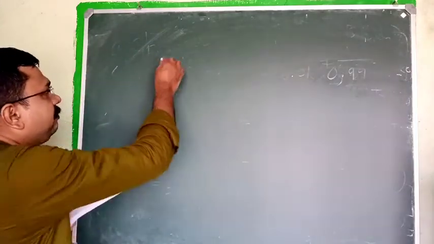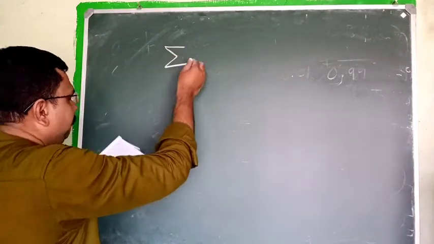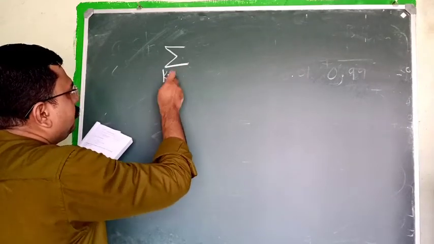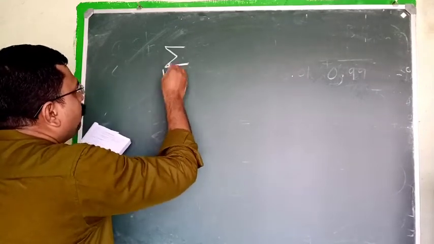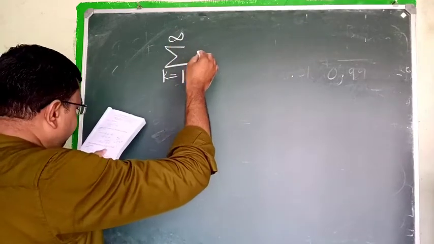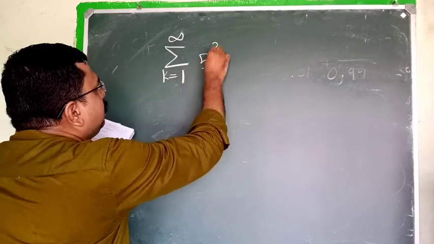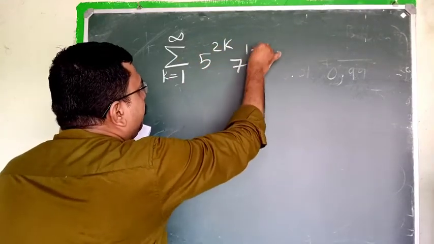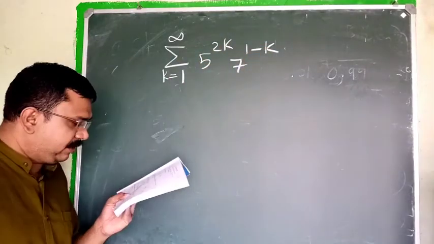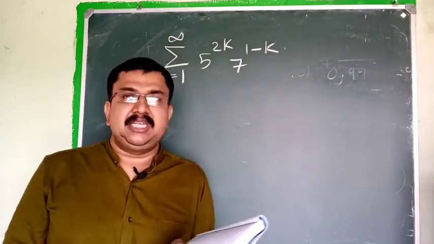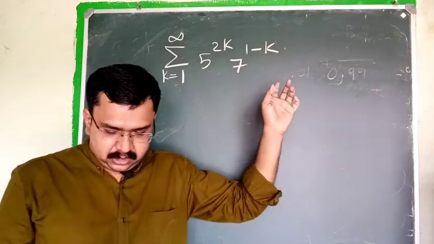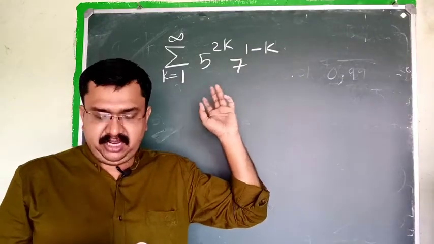The series is given by sigma k equal to 1 to infinity 5 raised to 2k into 7 raised to 1 minus k. Our question is to determine whether the series converges. If it converges, find the sum.